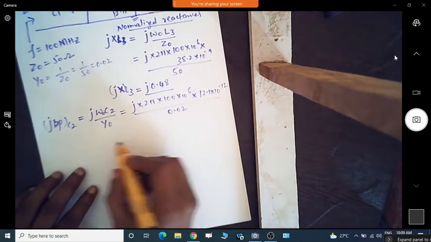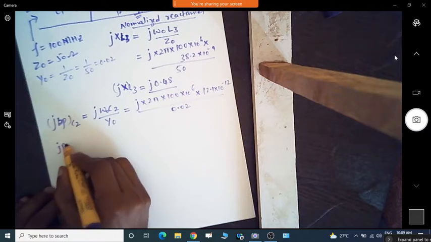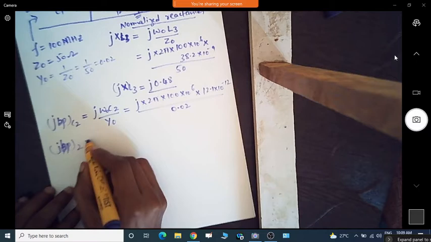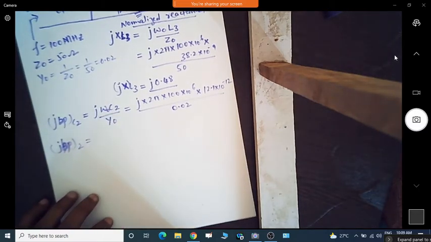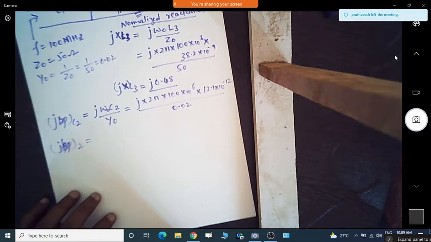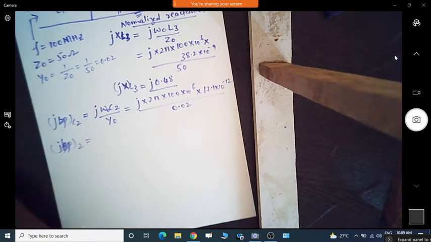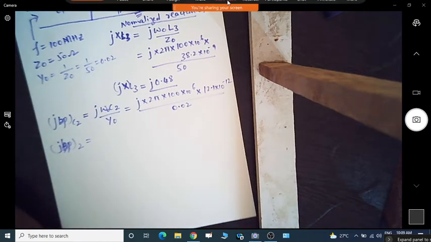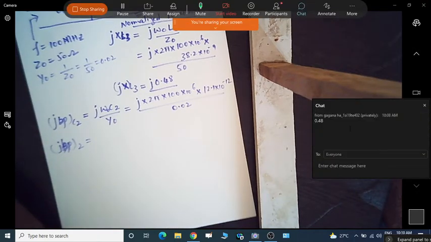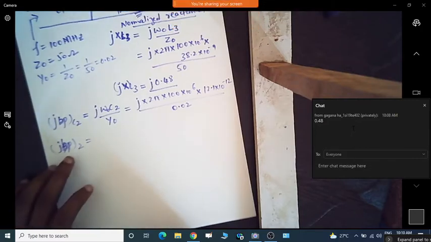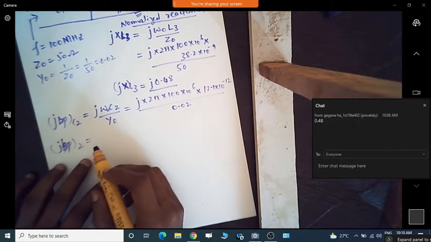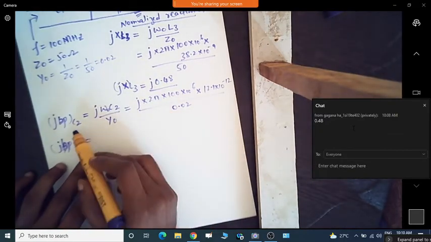Now put the values and find jBp2, the susceptance offered by the capacitor C2. What value are you getting?